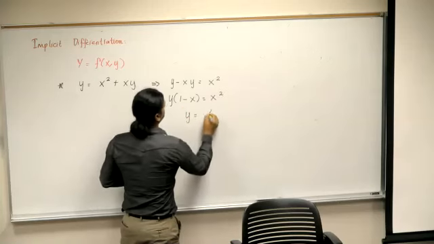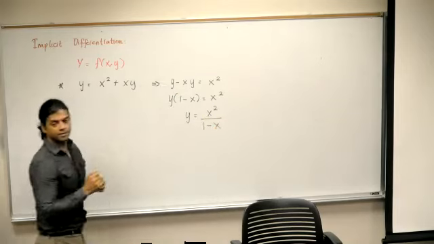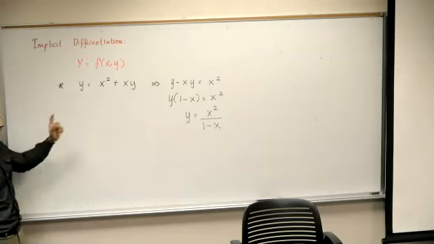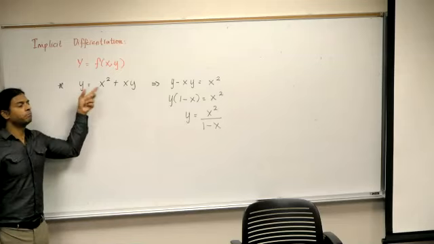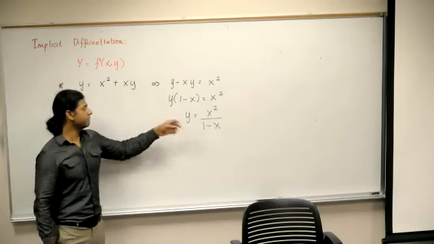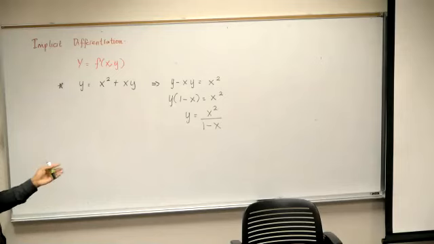Divide by 1 minus x on both sides. And I got y as a function of x. So even though when I first wrote it, y implicitly was dependent on y, when I rewrote it, things worked out, and y ended up being a function of x.